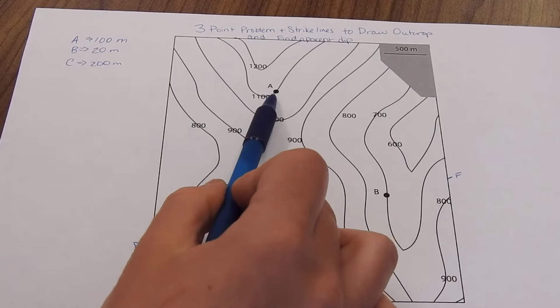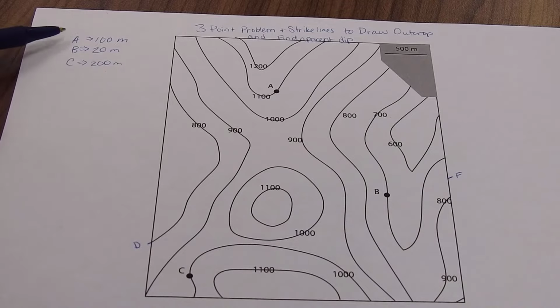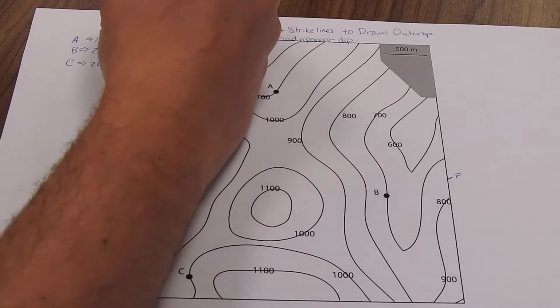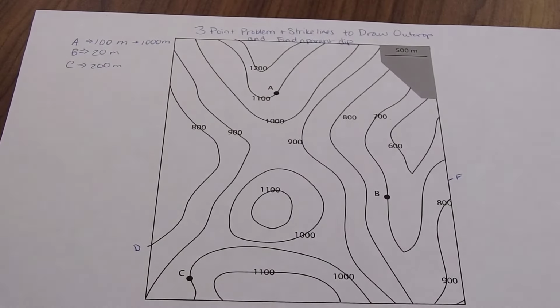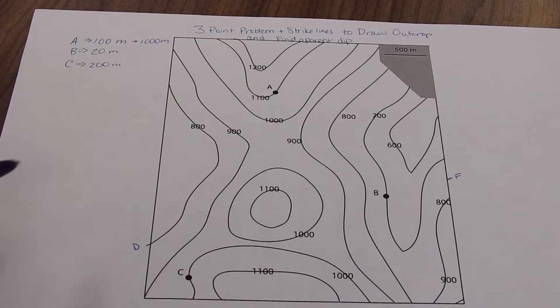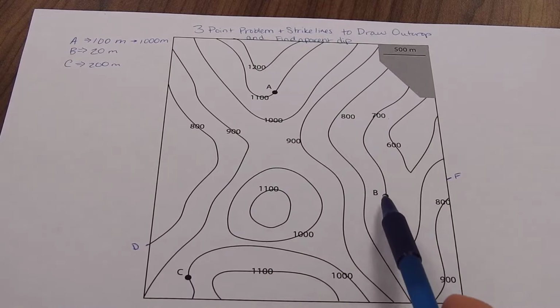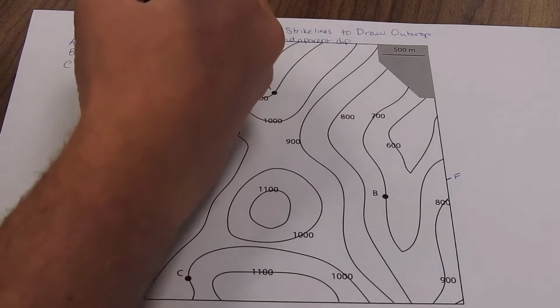So A is on this contour for 1,100 meters. If they had to drill down 100 meters to locate it, then A is actually at a depth of 1,000 meters. If B is 20 meters below the surface, let's go over to B, it is on the 700 meter contour, then that means that B is actually at a depth of 680 meters.